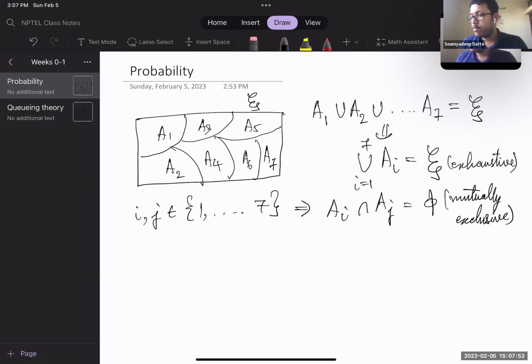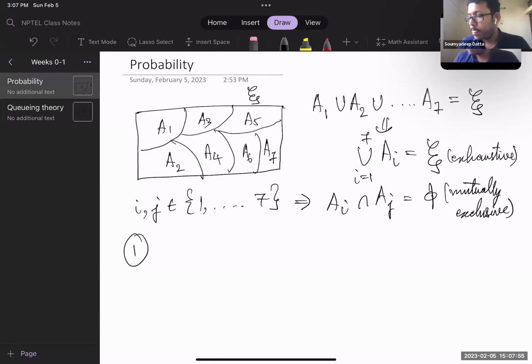So what is the value of the summation over all i equal to 1 to 7 of the probability that something in the set xi belongs to Ai? Can somebody give me the answer? It should be clear.